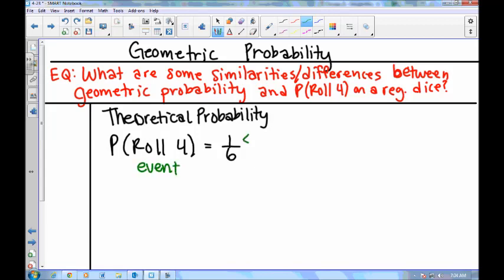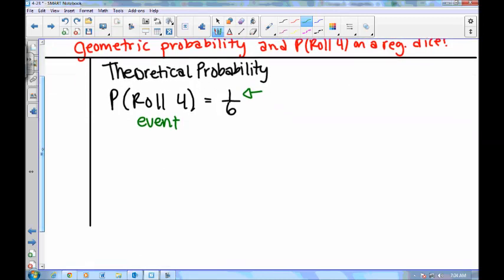The 1 is called the number of favorable outcomes, because on the die, there's only one side that has a 4. And on a die, there are 6 possible outcomes, right? There's 6 different sides on the die. So the denominator is the number of total possible outcomes.